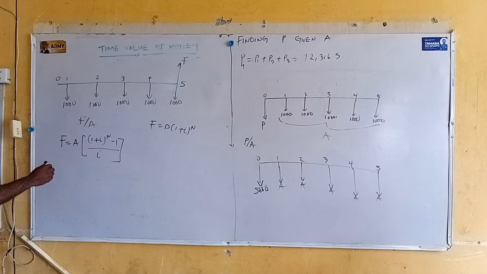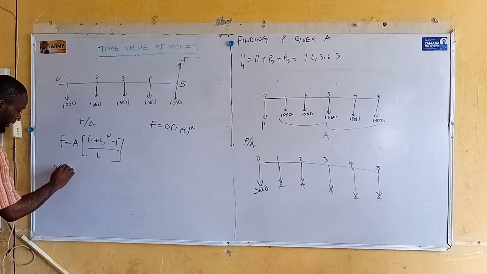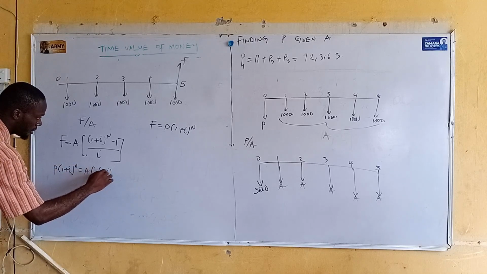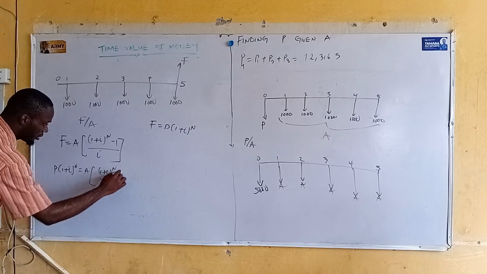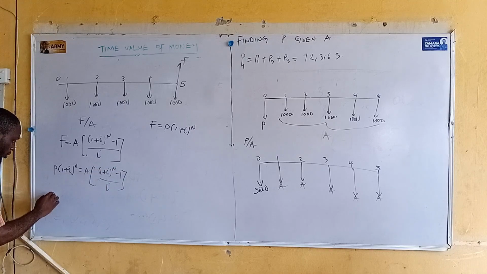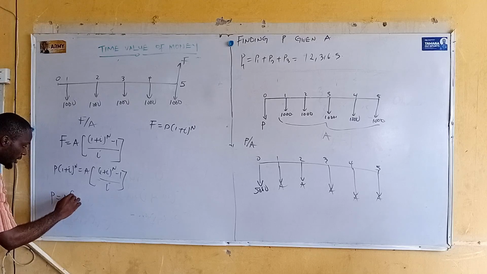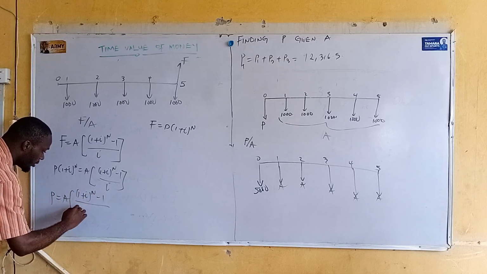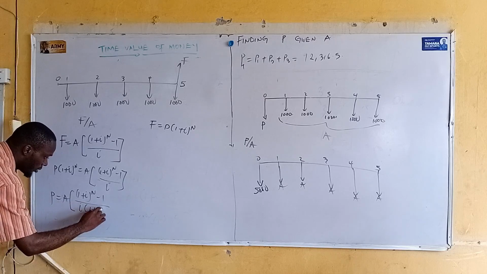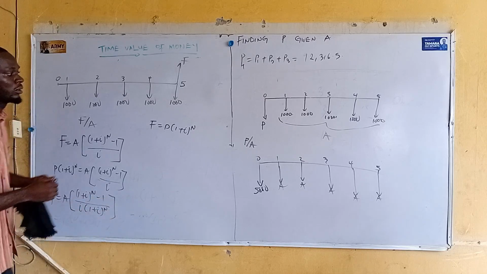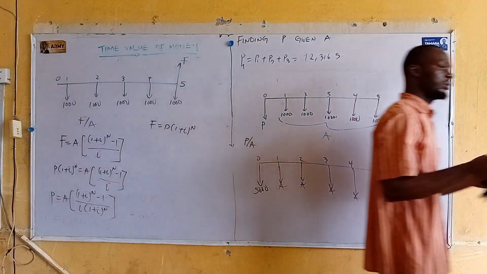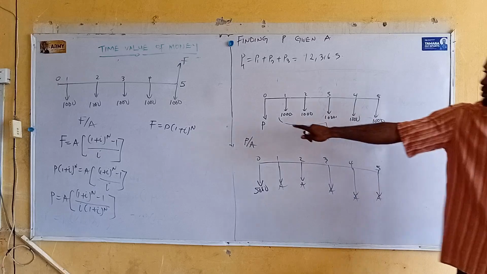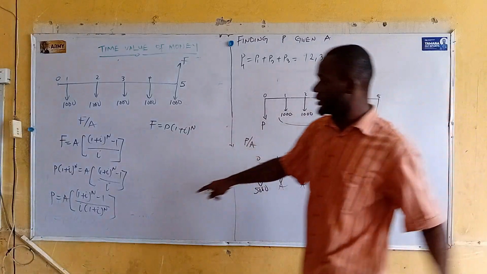So you put it here and you get P(1 plus i)^n is equal to A... So that means our P will be equal to A. The first one is the formula for this, P given A.